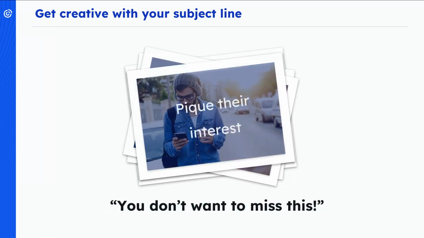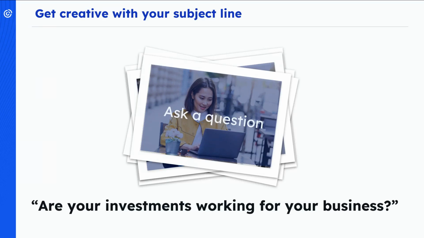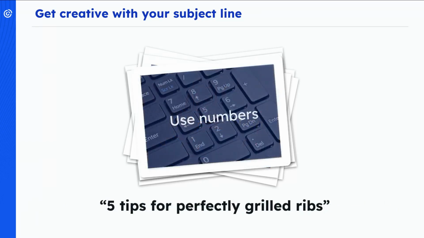You can also pique their interest and tease them a bit with something such as you don't want to miss this. Next, you can be inquisitive and ask your readers a question with a headline such as, are your investments working for your business?